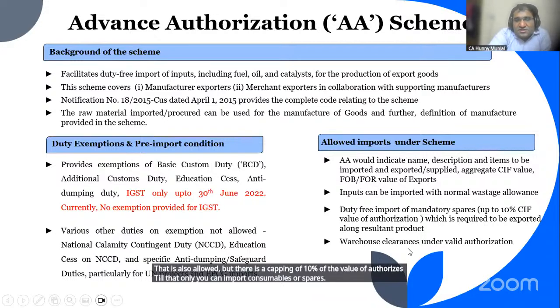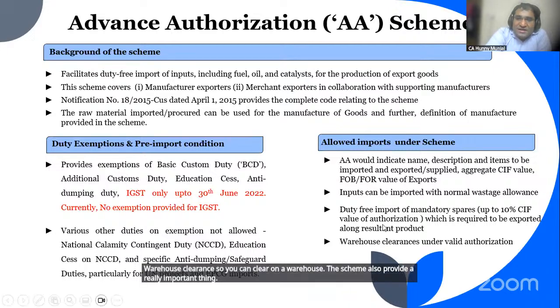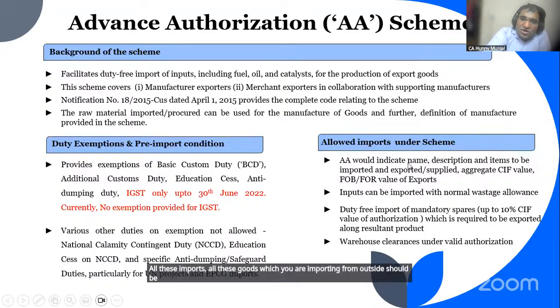Warehouse clearance, so you can clear from a warehouse but with a valid authorization. The scheme also provides a very important thing. All these goods which you are importing from outside India should be intimated to the customs or DGFT before taking a benefit.